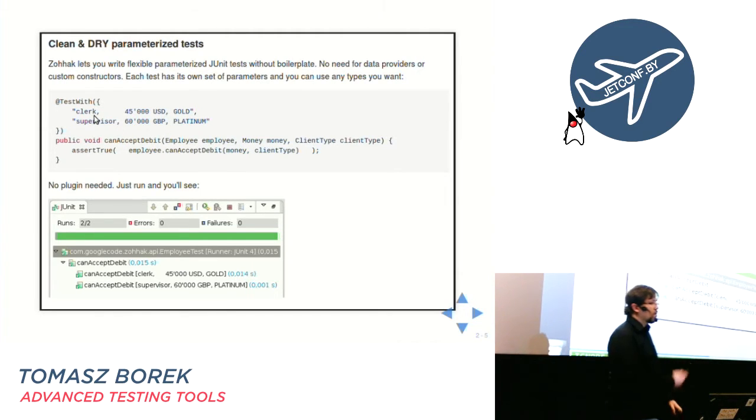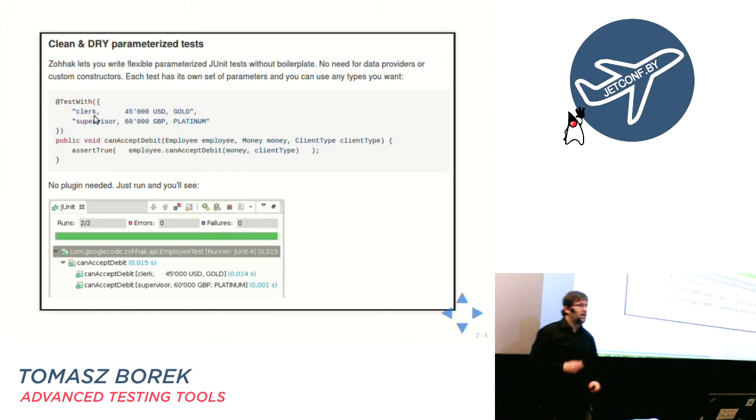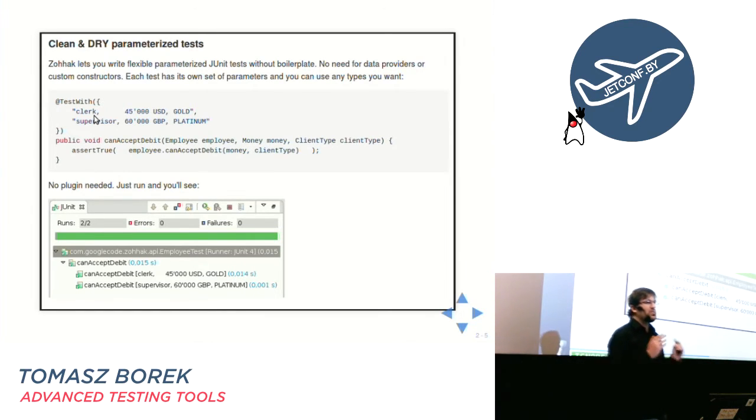When this annotation is processed, Zohhak splits the string into parameters by the separator. If you dislike the comma because, I don't know, in your strings the comma is meant for something else, there is the option of changing the separator. It may be a pipe or a semicolon or whatever. You only need to specify this within the test with annotation.